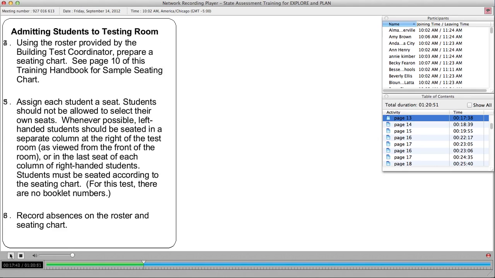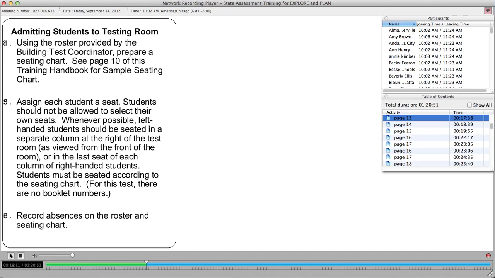Okay, admitting students to the testing room. Again, your building test coordinator will provide each room supervisor with a testing roster, and that room supervisor should admit students on his or her roster. The roster should match the test documents that have the students' labels or hand-completed demographic information.